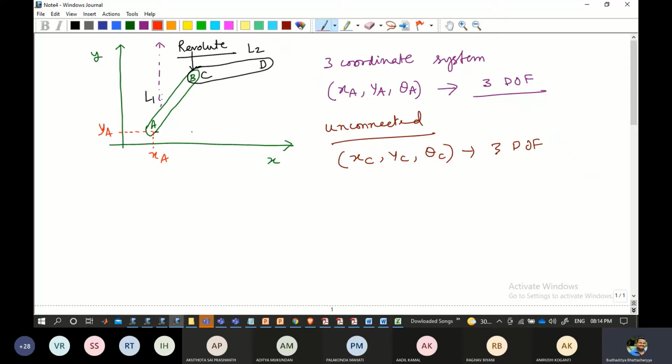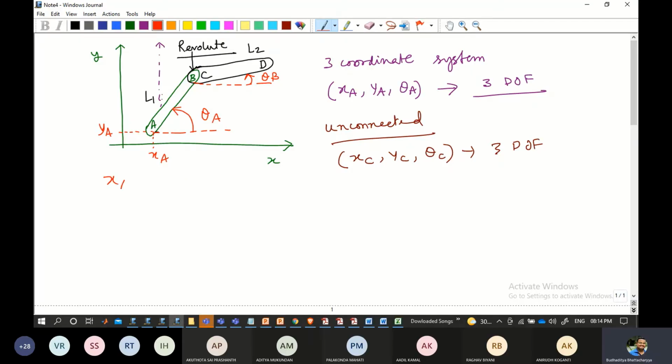Now suppose there is an angle theta connected somewhere over here, the initial angle, and there is another angle, which is theta B. Now you can observe that in this arrangement, if I have a revolute joint between 2 links, we are reducing the number of inputs from 6 to 4.